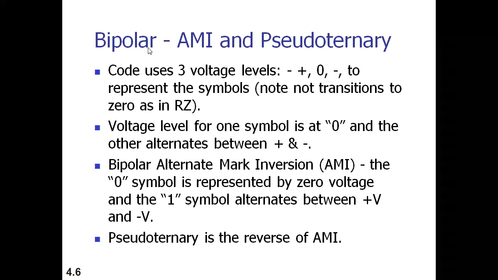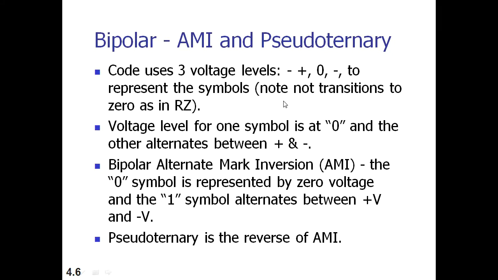Whereas the next category is bipolar. In the bipolar we have AMI and pseudoternary. AMI means alternate mark inversion, and we will see them one by one. The bipolar code uses three voltage levels, that is negative, positive, and zero, to represent the symbols.